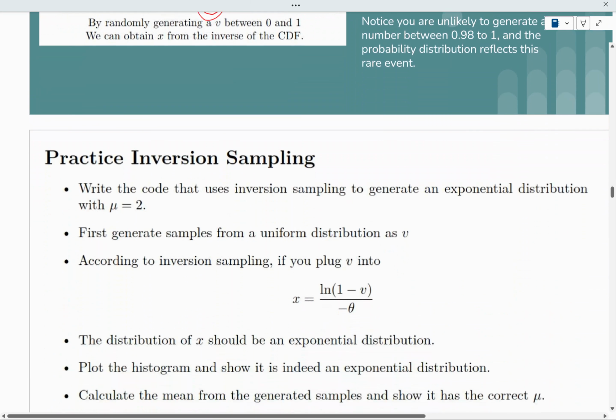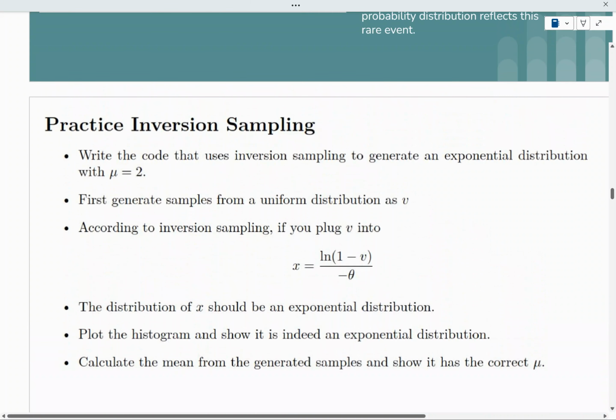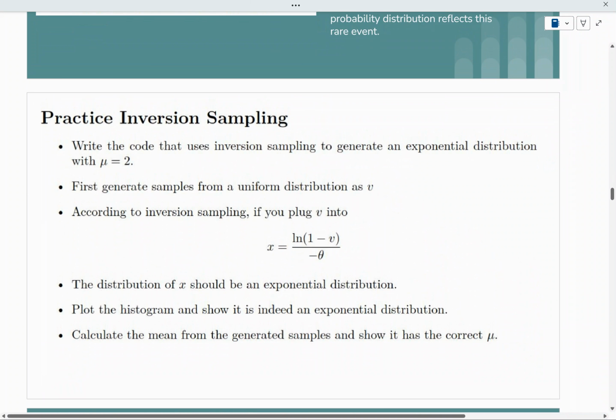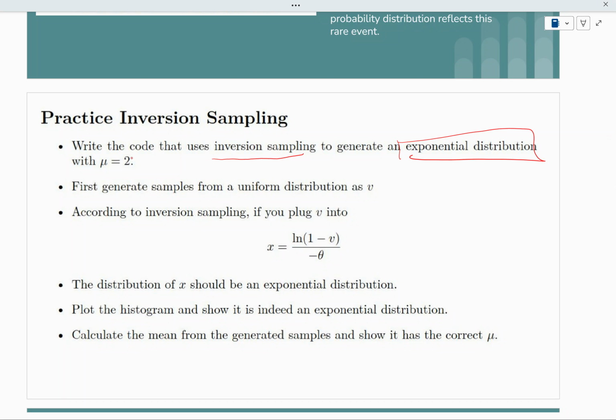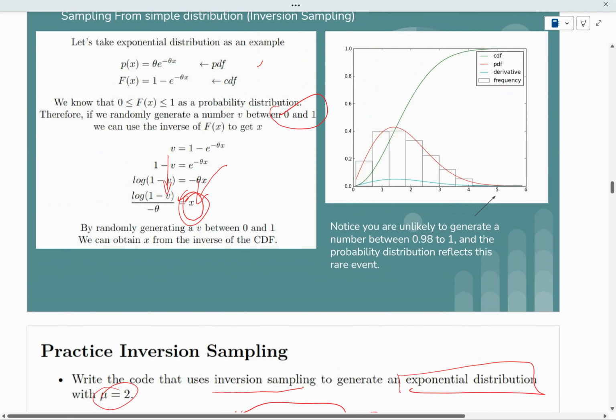Okay? So let's practice this idea. In order for you to really understand, you have to actually see it happening. So let's write the code that uses inversion sampling to generate an exponential distribution with a mean of 2. First, generate samples of a uniform. Once you generate uniform distribution values as v, you plug them in here, and these are your exponential distribution samples, as we just saw.